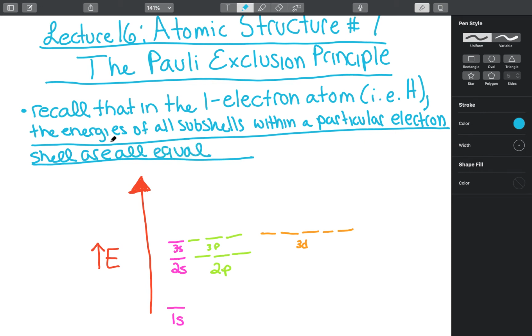So in the one-electron atom, a great example is the hydrogen atom, all the energies of all the subshells within a particular electron shell are equal.